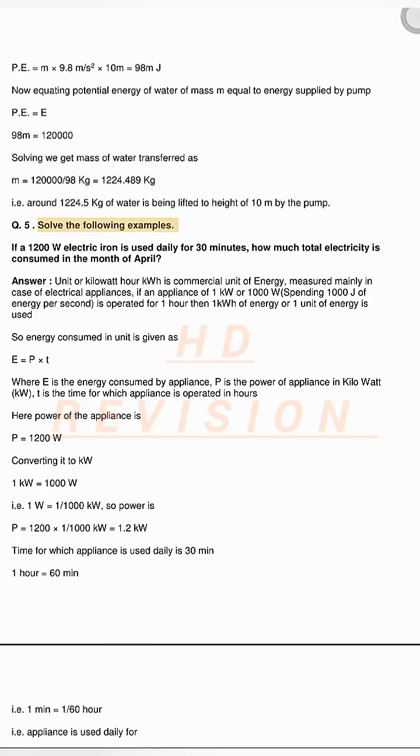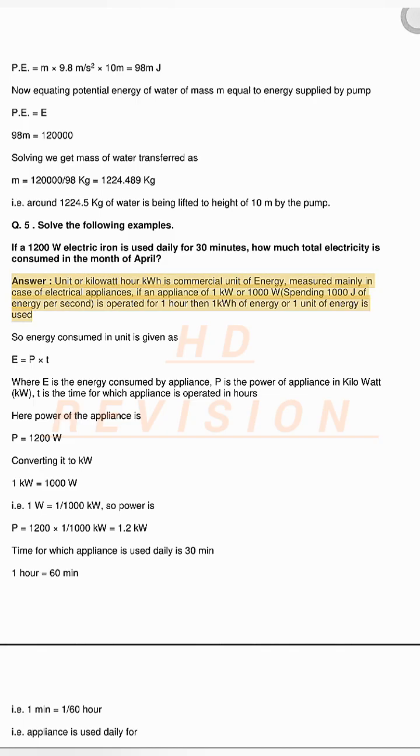Q5. Solve the following examples. If a 1200 W electric iron is used daily for 30 minutes, how much total electricity is consumed in the month of April? Answer. The unit or kilowatt-hour, kWh, is the commercial unit of energy, measured mainly in the case of electrical appliances.